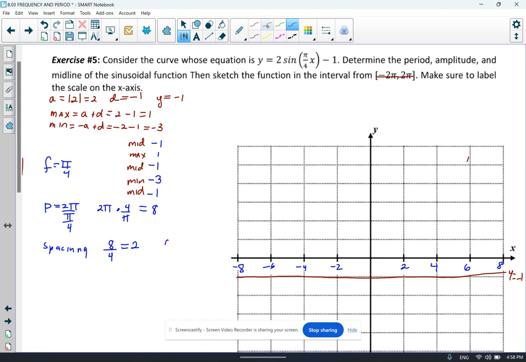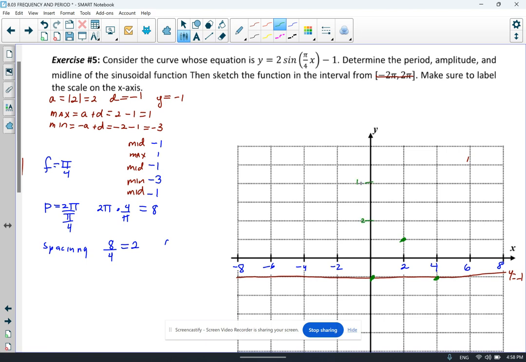And so now we're set to graph. So I'm going to graph in green, just so it's hopefully easier for you to see. So at 0, you're starting at -1, and then you're going to 1, back to -1, down to -3. Oh, I forgot to label the y-axis. Hold on.